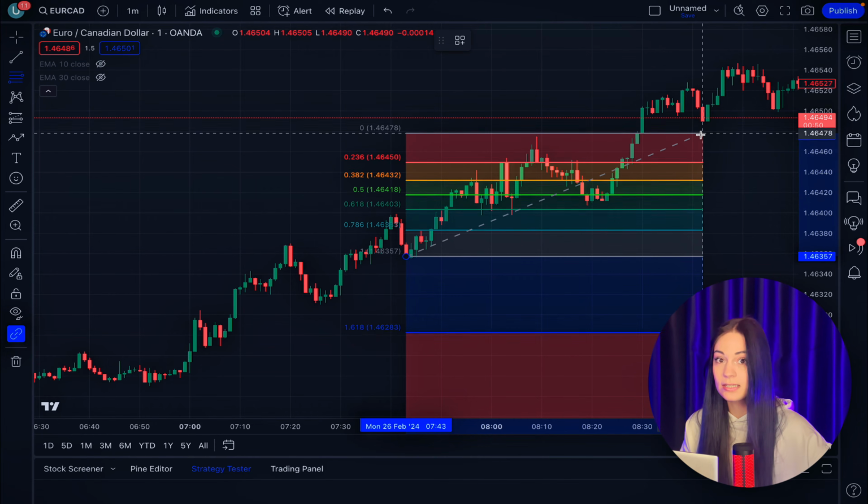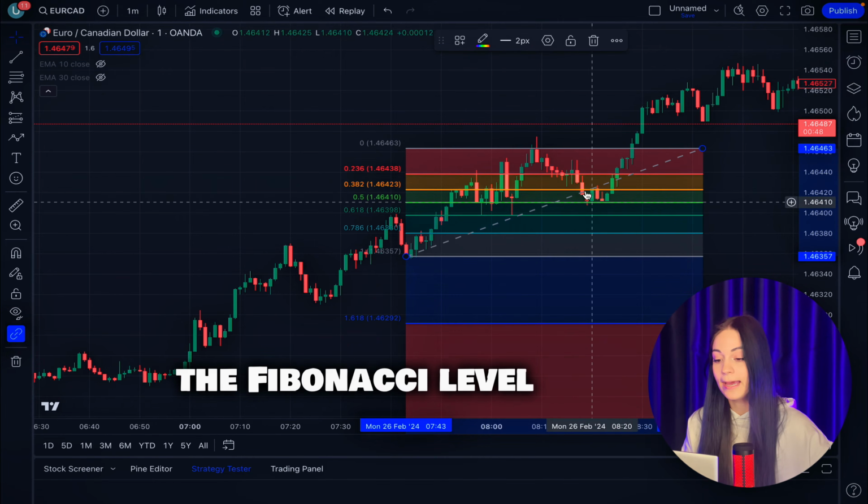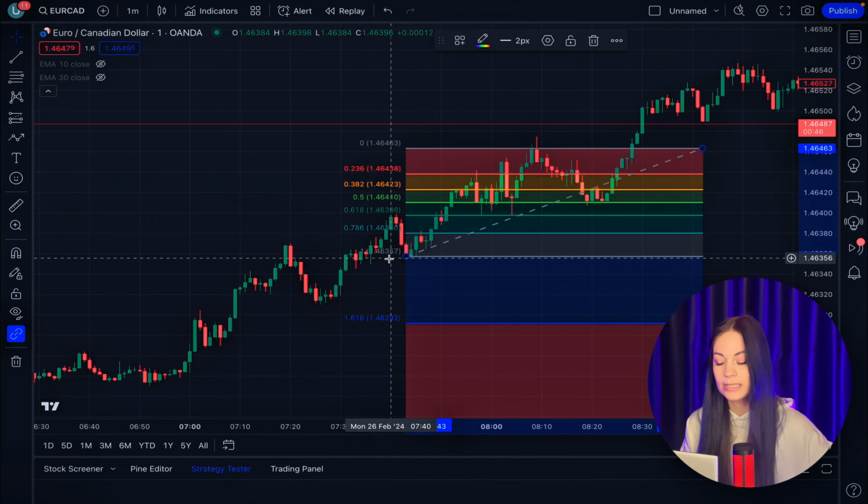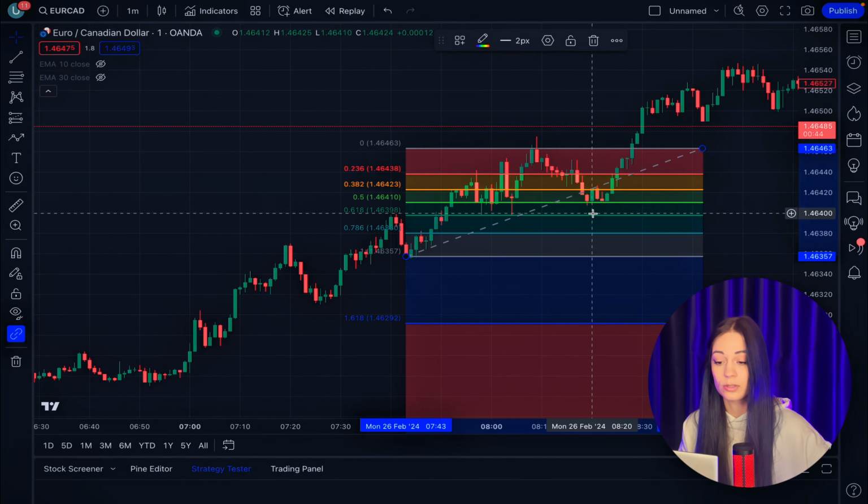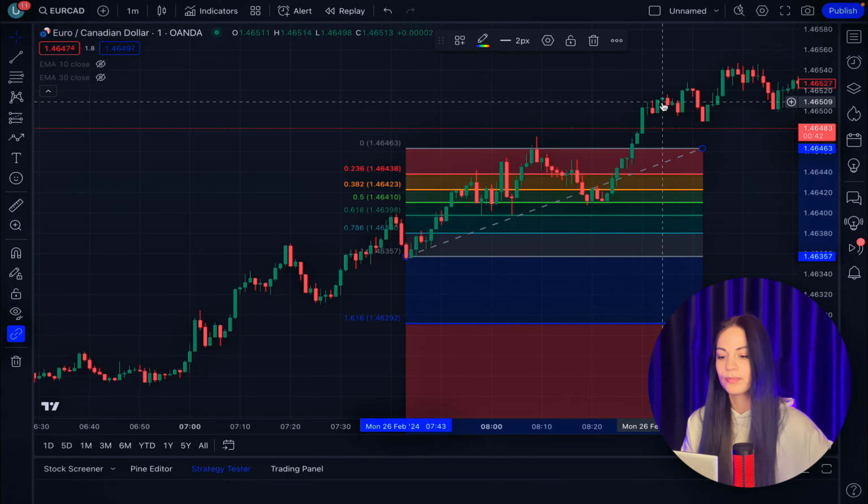In most cases, the price will work with the Fibonacci level and react to it correctly, going to a certain level and jumping up. So Fibonacci retracement is an amazing instrument, and it helps us to find the lowest point of a pullback and open the deal with the best price.